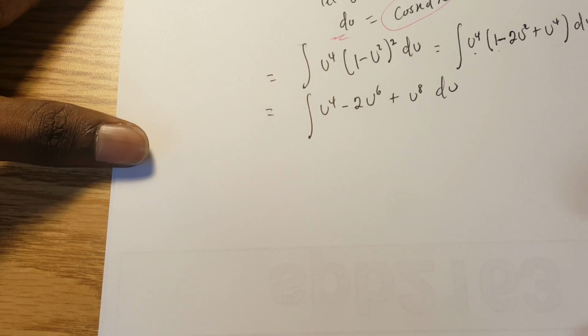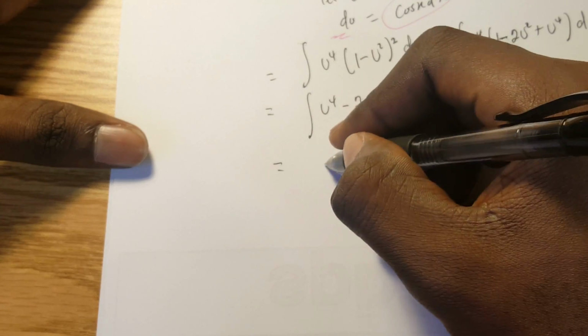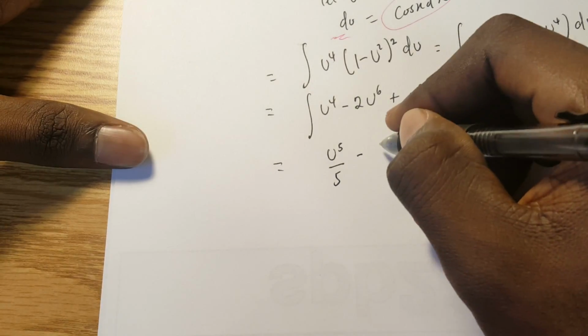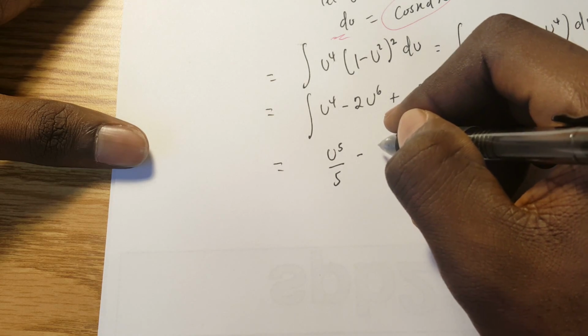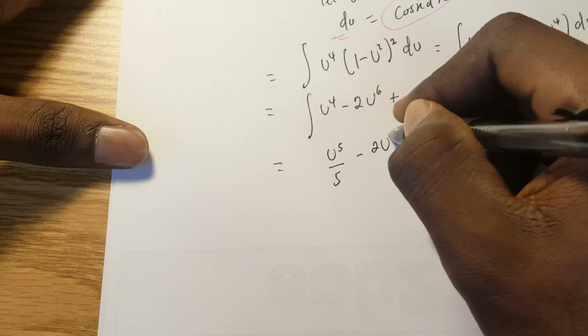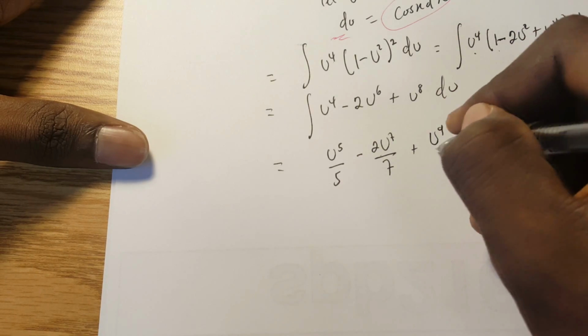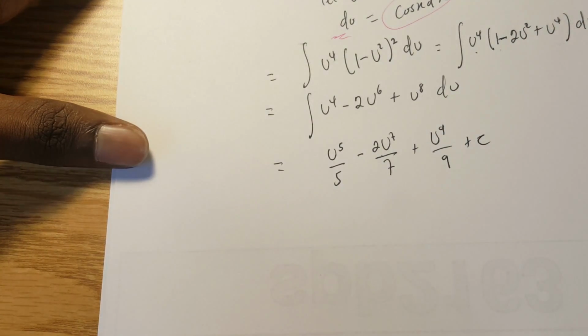Now we go ahead and integrate. So we have u to the 5 divided by 5 minus 2u to the 7 divided by 7 plus u to the 9 divided by 9 plus c.